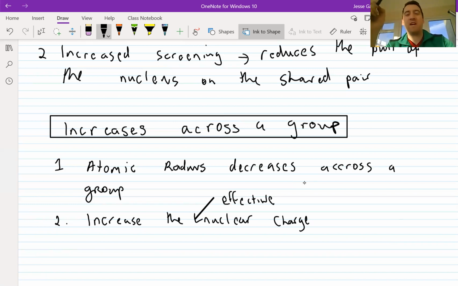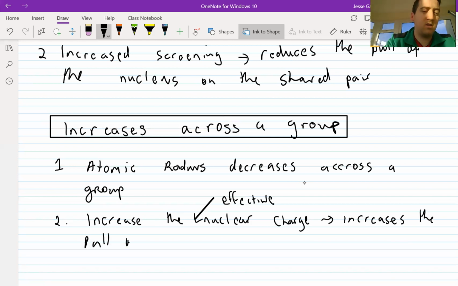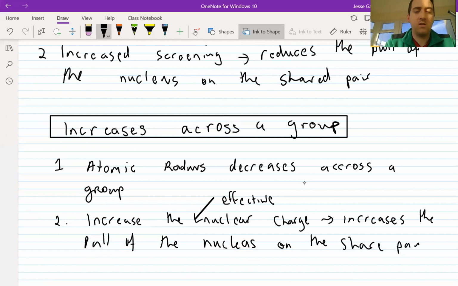So the effective nuclear charge is getting bigger because you're getting more positive charges, but you're not adding any inner shells to screen the positive charges. So we call this the effective nuclear charge. So we increase the effective nuclear charge, and this obviously increases the pull of the nucleus on the shared pair of electrons.